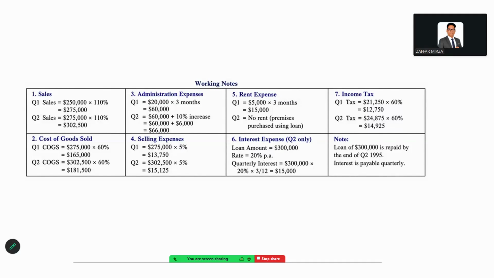The quarterly interest is coming 15,000: 300,000 multiplied by 20% for the full year, multiplied by 3 by 12. Selling expenses: 275 multiplied by 5%. Income tax at 60% each. Note, the loan of 300,000 is repaid at the end of quarter two, so interest is payable quarterly.